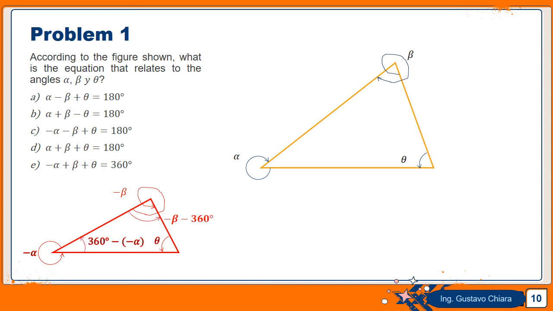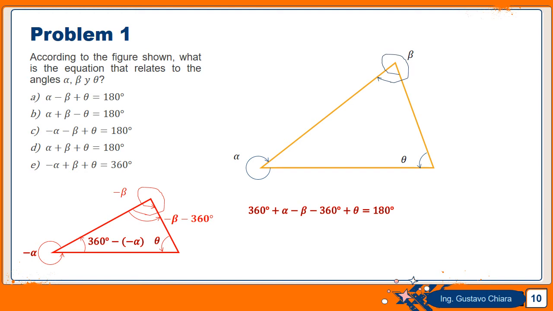So this is the expression. Remember that a turn is equivalent to 360 degrees. Also remember that inside a triangle the sum of the angles is equal to 180 degrees.